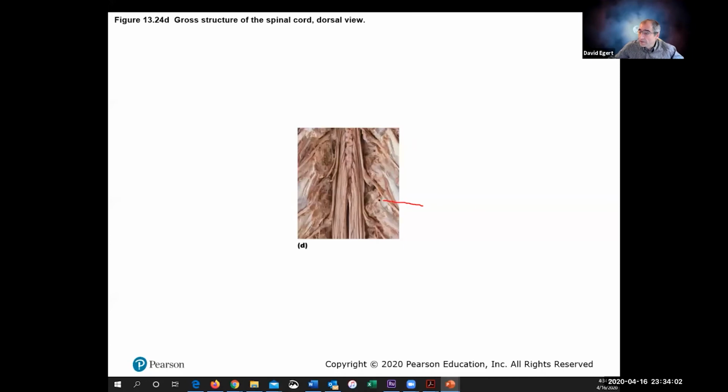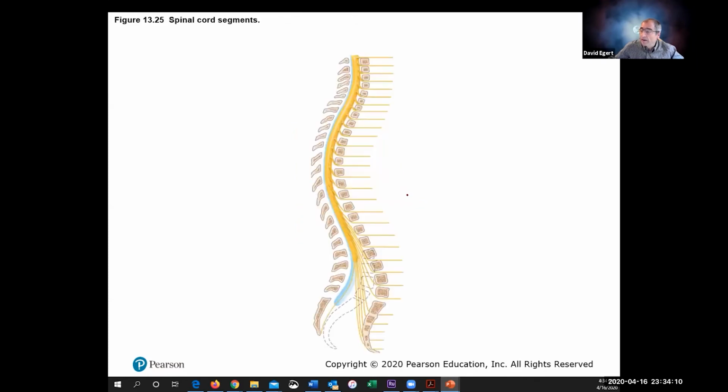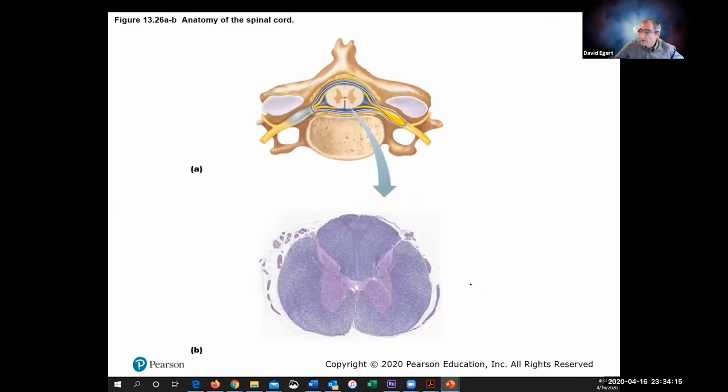Again, this would be like the filum terminale, just coming right off of the end there. Definitely you should know, I promise you there'll be pictures of spinal cords in cross section.